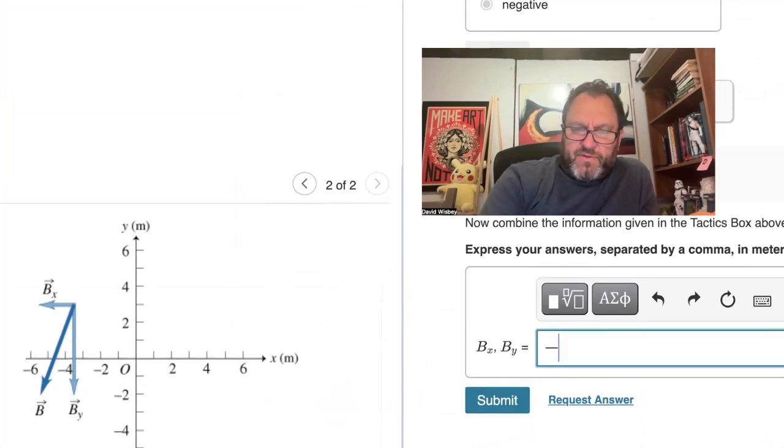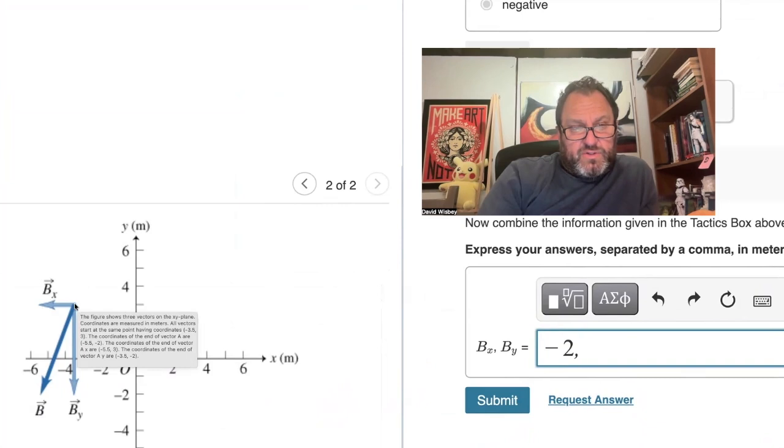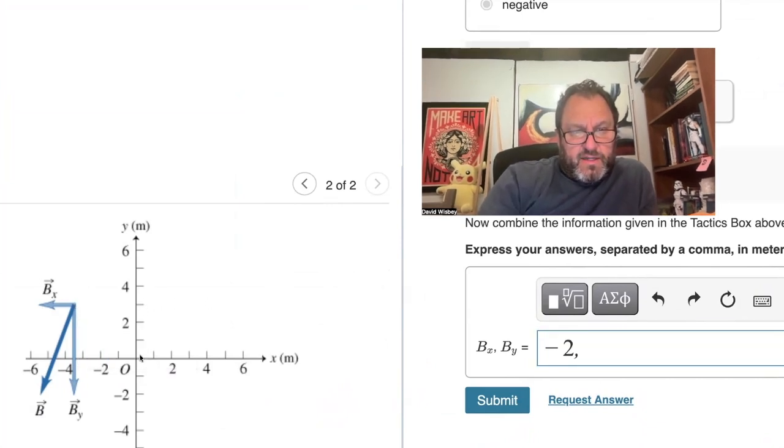It looks like negative 2. So I'm gonna put a negative 2 there. And then I guess there's a comma. I hope I don't mess up the syntax. And this goes downwards, starting at 3, and it goes through the origin, and it goes to -2. So that's -5. Okay, we're gonna go -5 here.